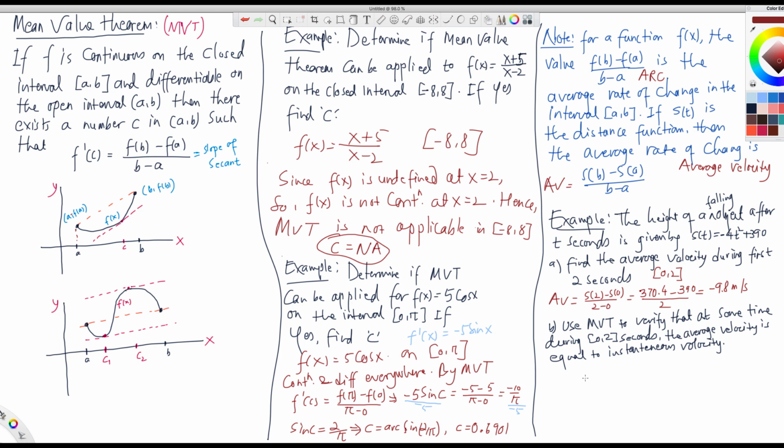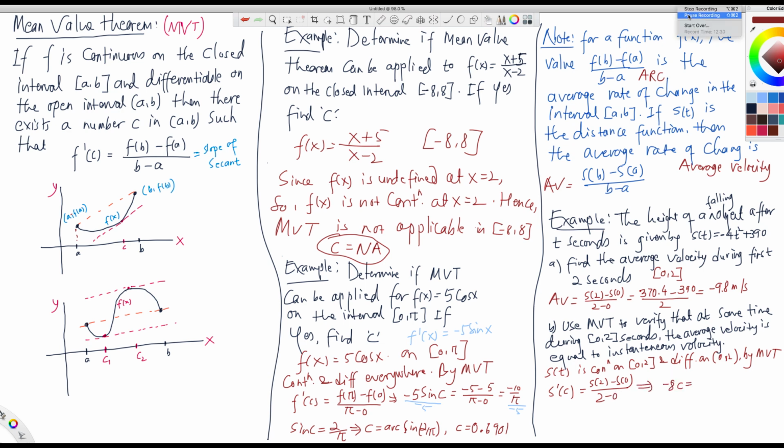So what I should say here is S of t is continuous on 0 to 2 and differentiable on 0 to 2, then by the mean value theorem, there exists a c so that S prime of c is equal to S of 2 minus S of 0 over 2 minus 0. I'm just using this exact same procedure, right? What do you get?